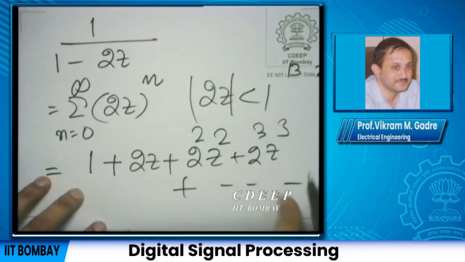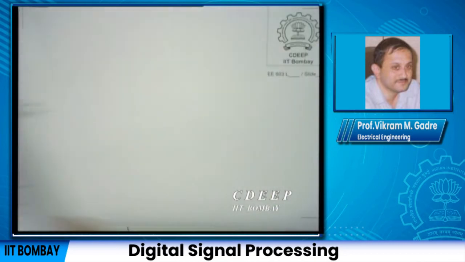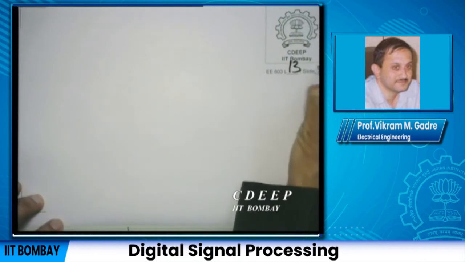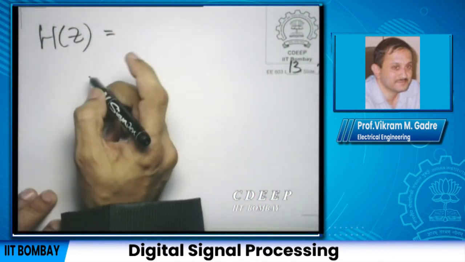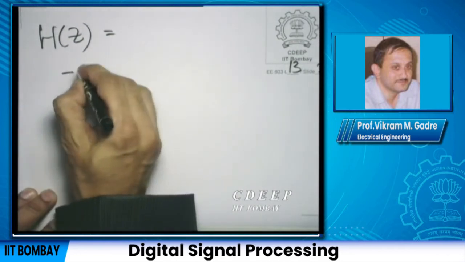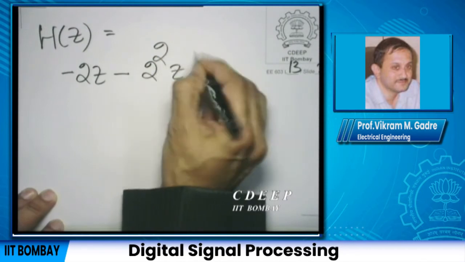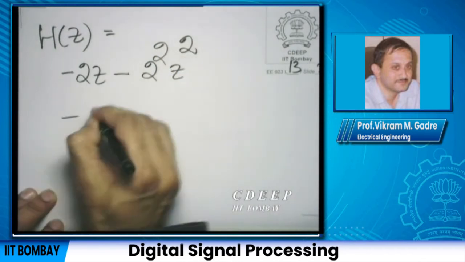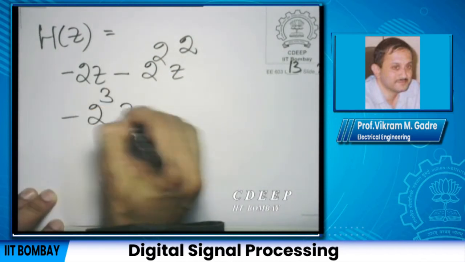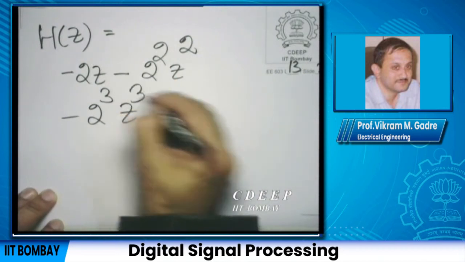And of course, we can now see H(z) too. H(z) is very clearly minus 2z times this. So, it is minus 2z minus 2 squared z squared minus 2 cubed z cubed and so on and so forth.